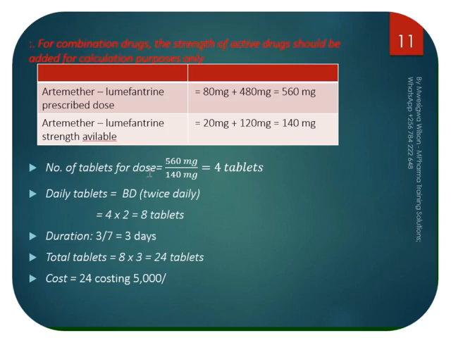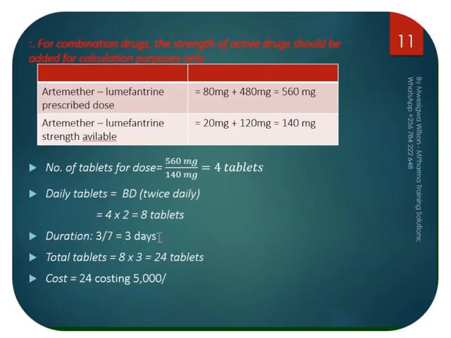So the number of tablets for each dose is the prescribed dose, which is 560 divided by 140, giving me 4 tablets. Daily, it's taking it twice, so 2 times a day. So the total number of tablets per day is 4 for each dose times the frequency in a day, giving me 8 tablets.